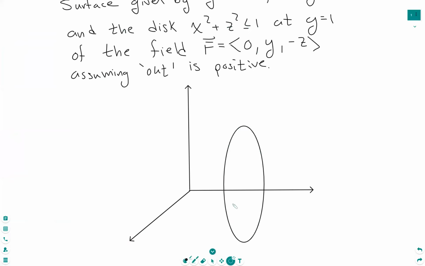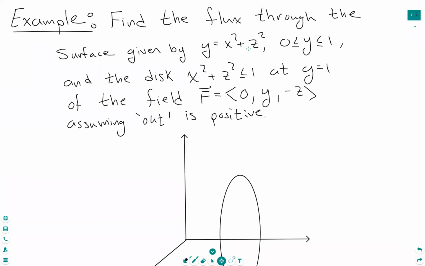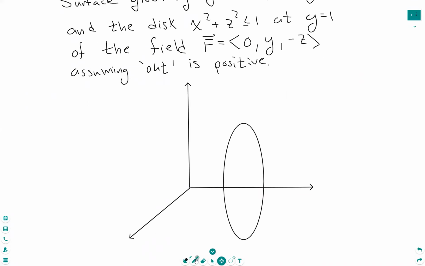And then we have this paraboloid, y is equal to x squared plus z squared from 0 to 1. So something like this. It's like a bowl that we put a cap on. Let's rotate it, since this is our x, y, and z. We'll call this part S1, and we'll call the flat part here S2.